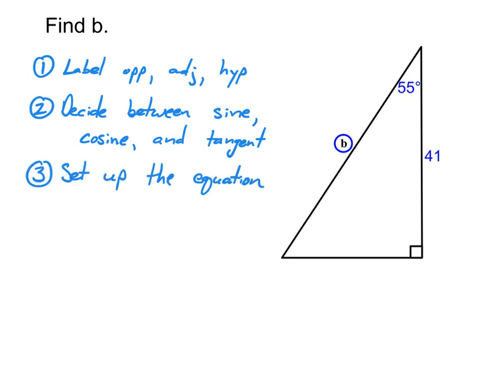Because once you've decided between sine, cosine, and tangent, then you can set up your equation, and then you can solve the equation. So basically, these are the steps you're going to go through on any of these problems. And if it helps you, go ahead and write those steps down so you're going to remember it. But go ahead and try it with this problem. Pause the video and then play again after you've had a chance to try it.